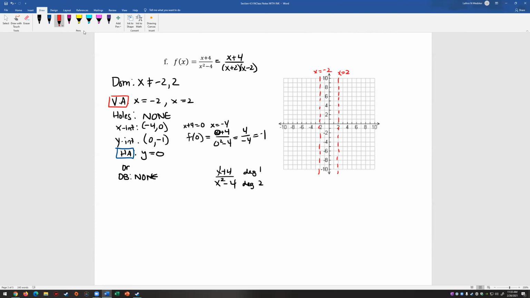And we are looking at a horizontal asymptote at 0, so y = 0. Okay, and then the points that we know are the x-intercept and the y-intercept. So the x-intercept is happening right here on our horizontal asymptote, and this one is down here. Now this is a little different than our previous sections because we actually have two vertical asymptotes. So this is different than the ones we've done before.